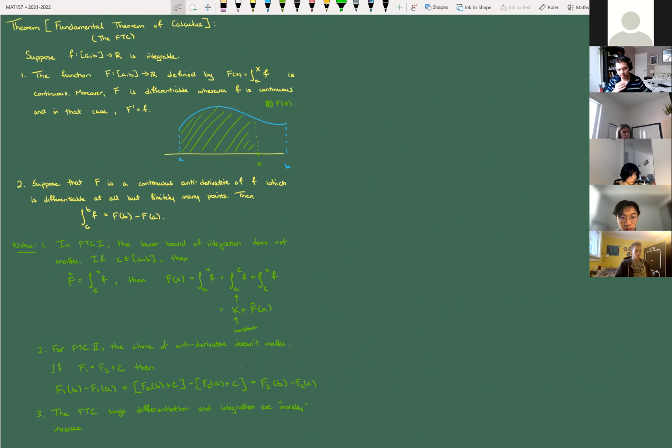The other thing too is, some books, I don't remember whether it's Stewart or Thomas, whatever, there's no universal agreement on which is FTC 1 and which is FTC 2. But my order is the correct order. The reason for this is that you need one to prove two. You can't possibly switch these around because you can't prove FTC 2 first, since you need FTC 1 to do it.